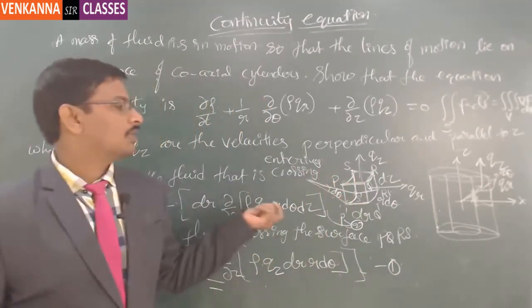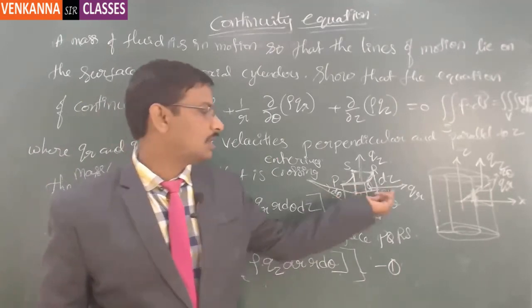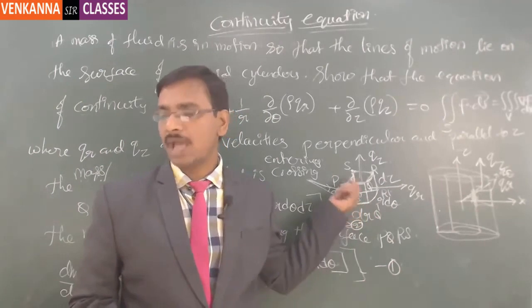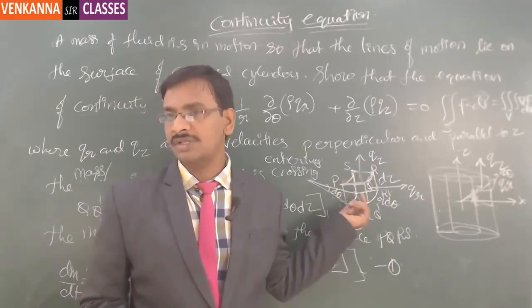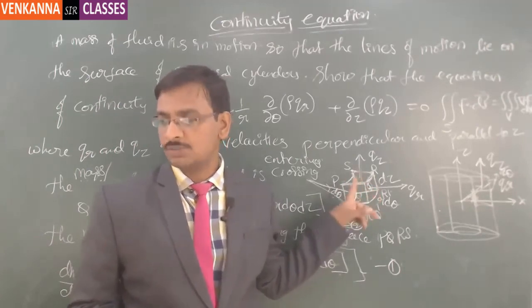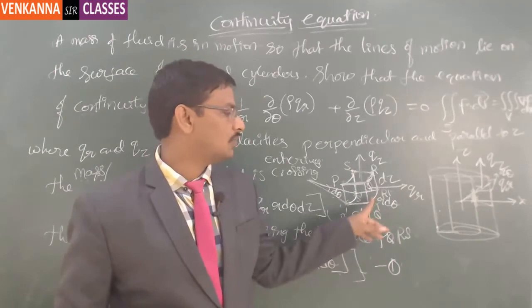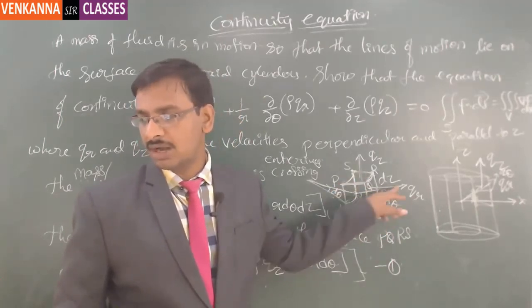Here, first you need to identify the direction of the flow. If Q_r, Q_theta and Q_z are all given, the flow is happening in all 3 directions. If only 2 are given, the flow is happening in only 2 directions. In this particular case, the flow is along Q_r and along Q_z. So there is a Z direction flow and an R direction flow.